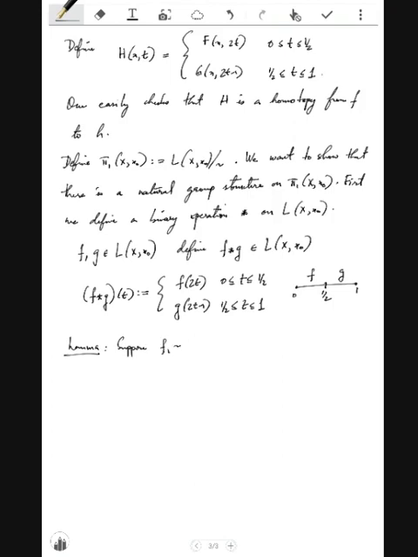Suppose f1 is equivalent to f2, then f1 star g is equivalent to f2 star g. Similarly, if g1 is equivalent to g2, then f star g1 is equivalent to f star g2.